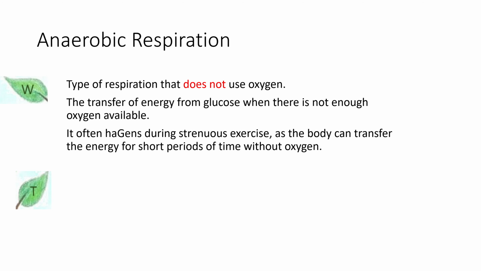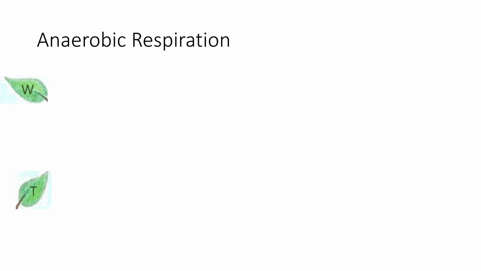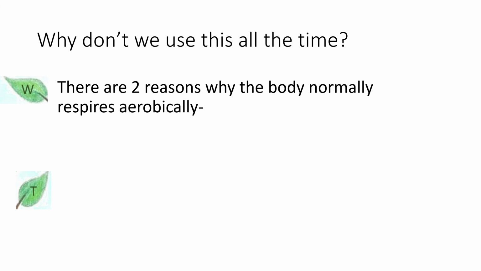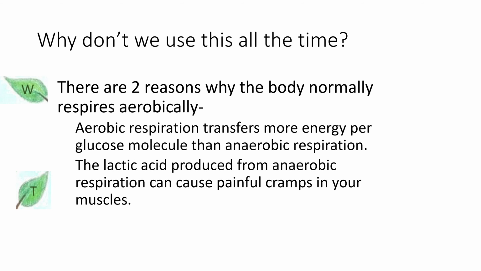It often happens, let me edit that, often happens during strenuous exercise. Now, why don't we use this all the time? Well, aerobic respiration is more efficient. And lactic acid causes cramps in your muscles.